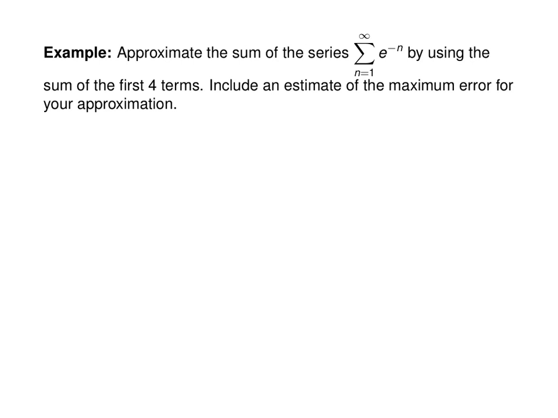So let's try another one of those. Let's approximate the sum from n equals 1 to infinity of e to the negative n using the sum of the first 4 terms, and then include an estimate of the maximum error in your approximation. So the sum from n equals 1 to infinity of e to the negative n will be about equal to the 4th partial sum.